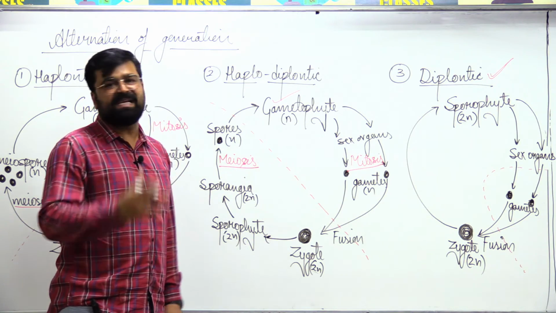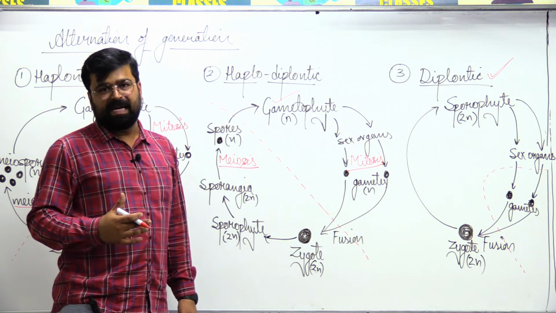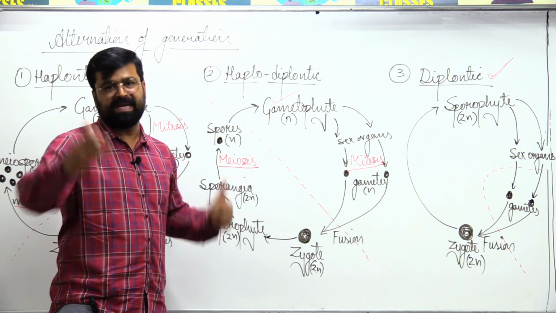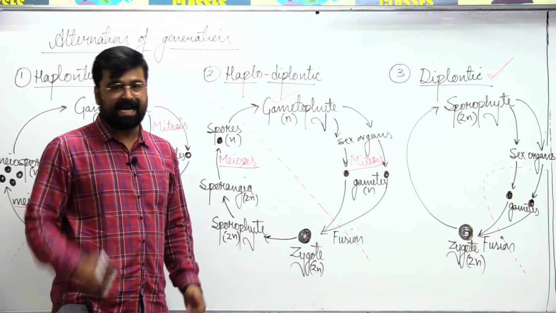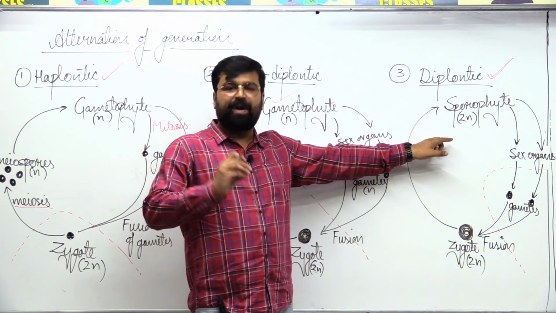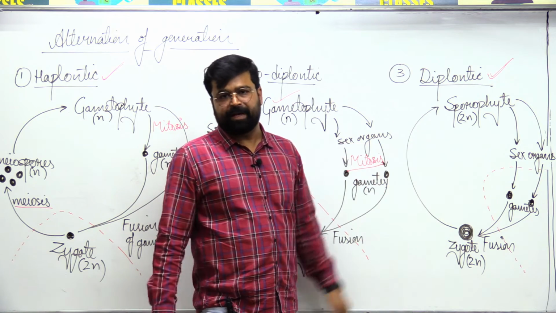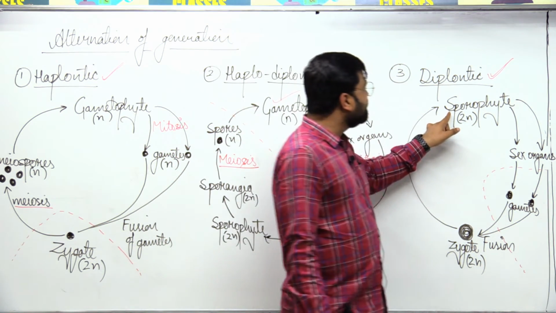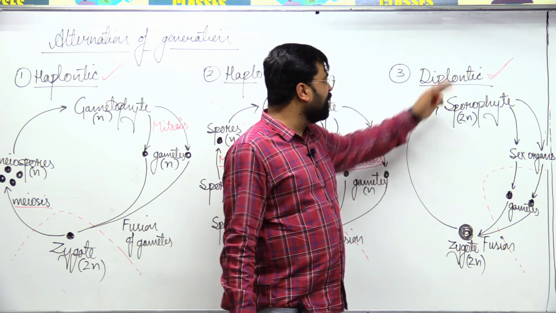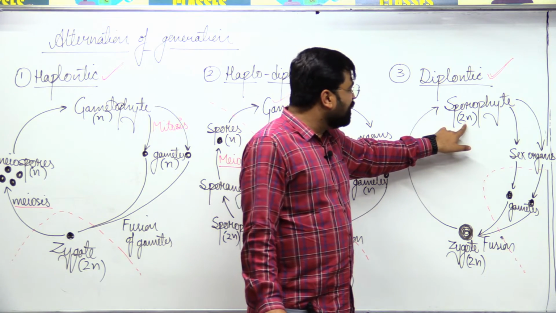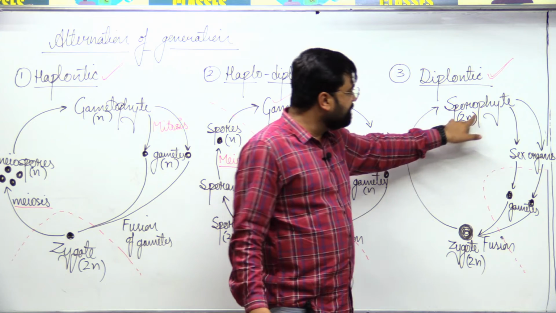The diploid phase is dominant. It will remain in the plant's life for a longer period of time. The plant will be in the diploid phase for more time, and the haploid phase will be very short. Okay, let's start with the diploid phase. In diplontic there is the sporophyte, the sporophytic body, and this sporophytic body is diploid.